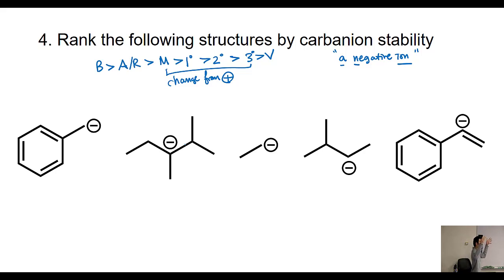I have extra electrons, and all my friends are like, here's more electrons. You don't want that. I want to be in a place where I don't have all these electrons going on. So tertiary is worst. Whereas with primary, I have extra electrons and there's only one thing giving it to me, so I'm happier. But the reason why resonance is so much better is because it's a way I can spread those extra electrons around.